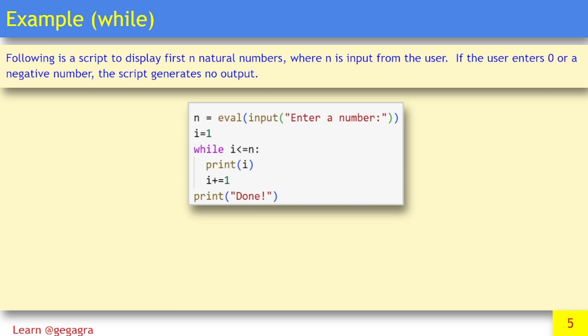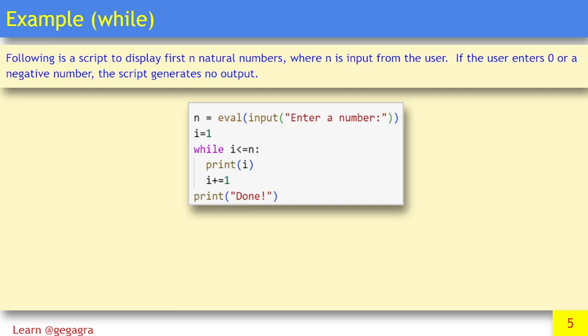So i plus equals 1 means i is equal to old value of i plus 1, that is the next value of i. So it keeps on repeating this segment 5 times. After 5 times it automatically comes to the print statement where done is printed.